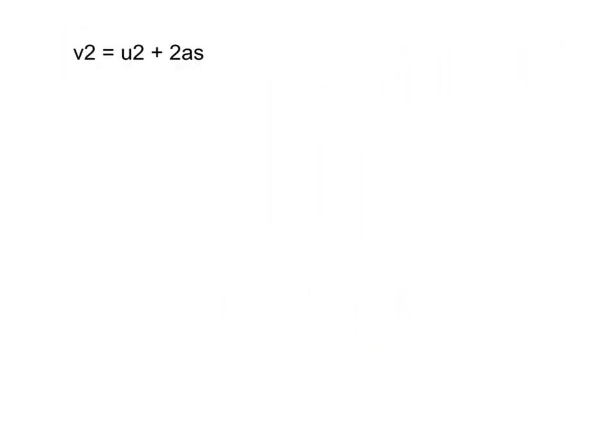Here is our fourth and final suvat equation, v squared equals u squared plus 2as, and I would suggest the easiest way to think about how this is achieved is just to look at what happens if we combine v equals u plus at with another of the suvats.